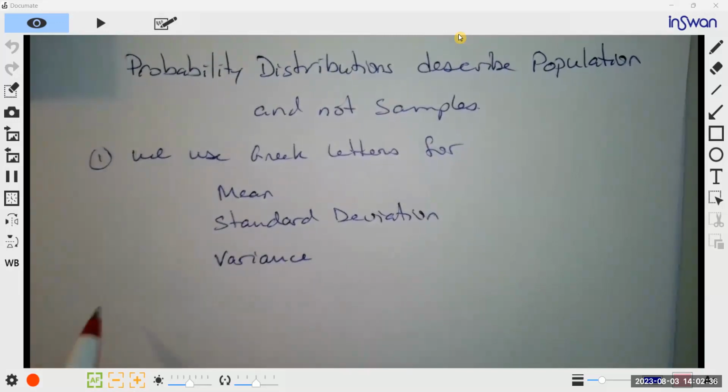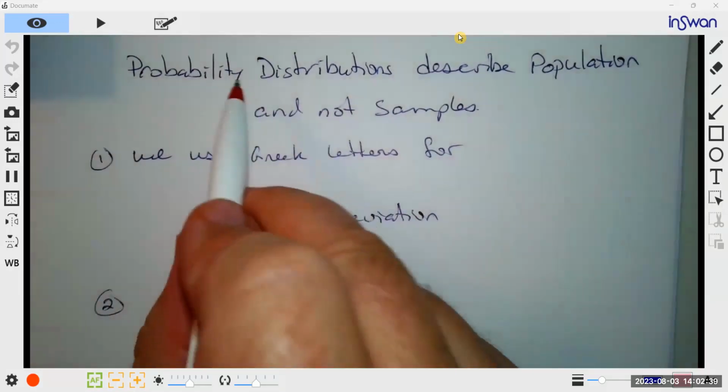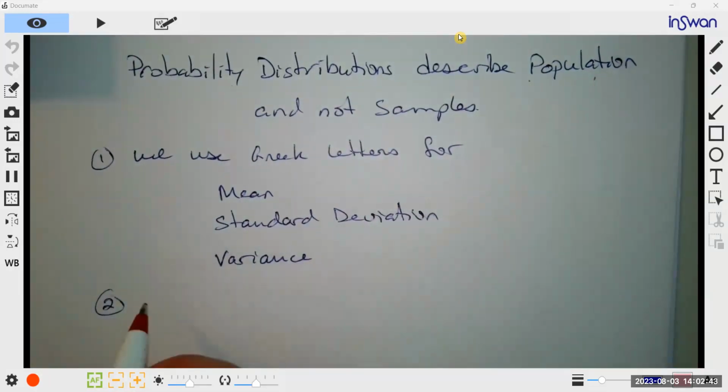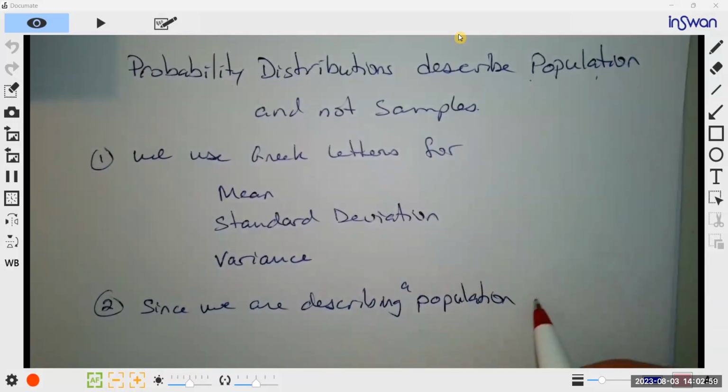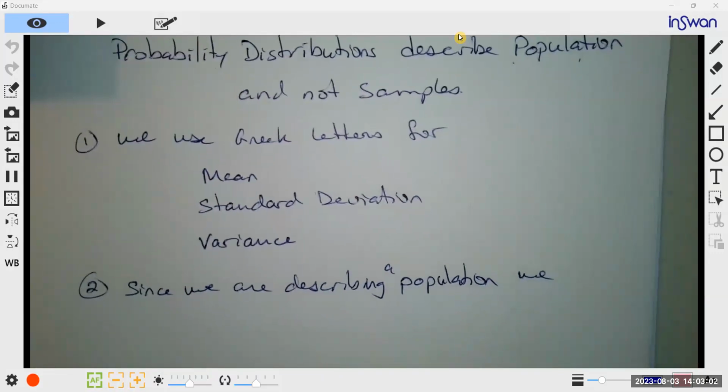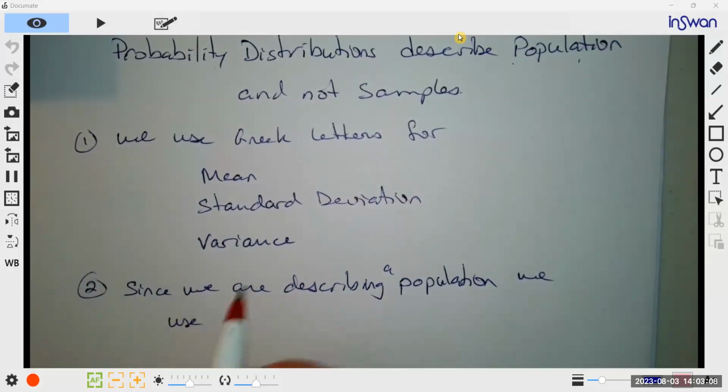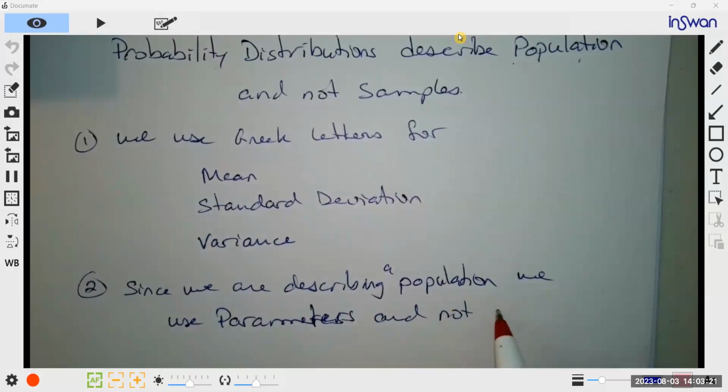And also, since we're describing populations, a population, we use, or we find parameters and not statistics.